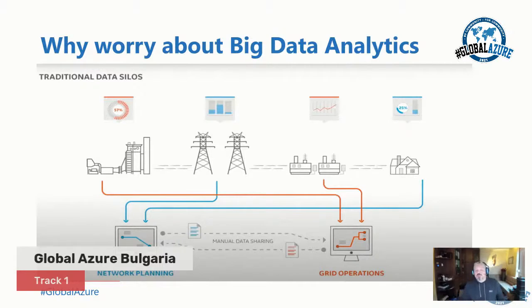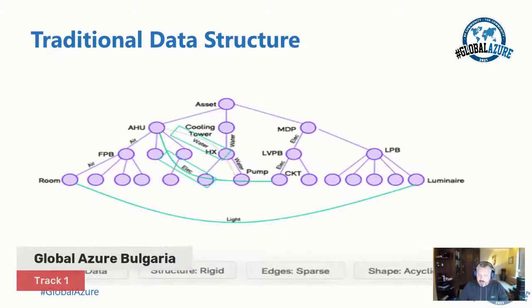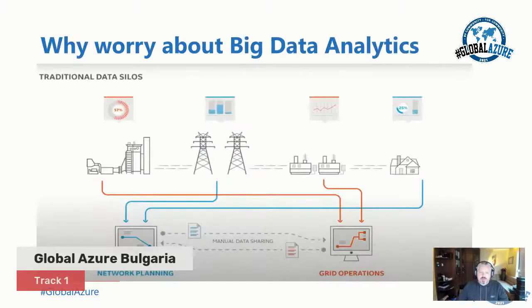Those data silos cannot be easily experimented with, because you can't simply take it and rework it, otherwise you have the challenge of killing the grid or creating some disturbances that are unacceptable.